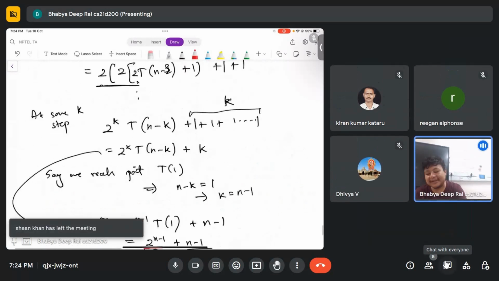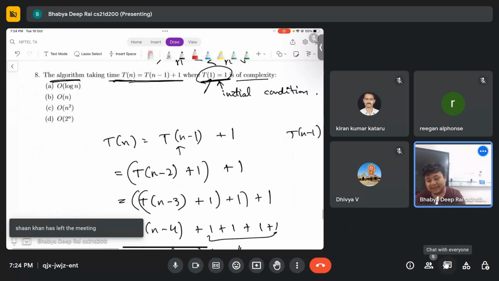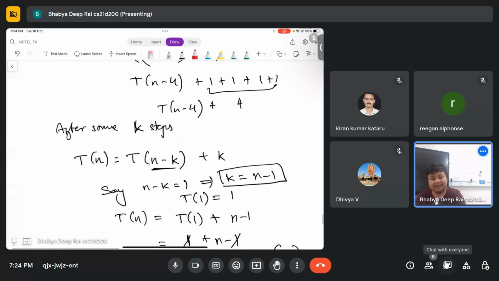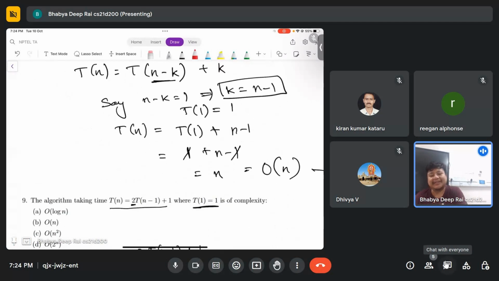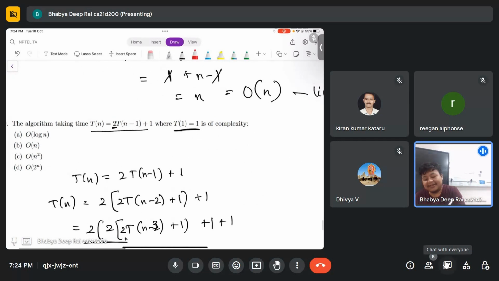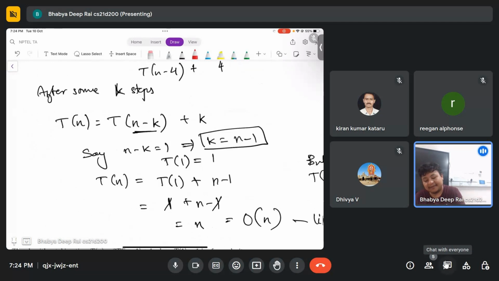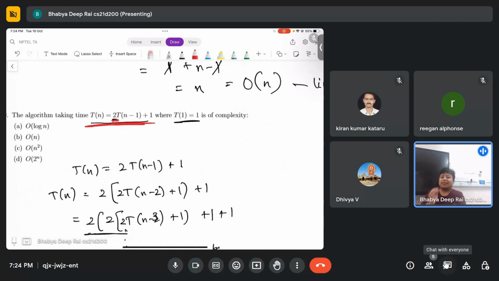Well, the key takeaway is that 2 to the n and n are miles apart in terms of complexity. But you see, the recurrence is very deceiving, right? This recurrence looks very similar to the previous recurrence. It's just this matter of 2 that is causing a problem.